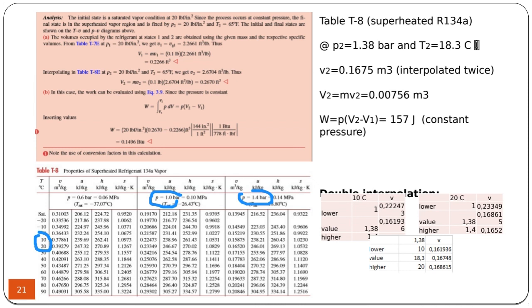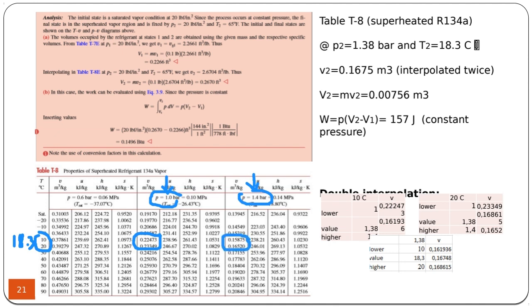So first, you take the pressure to be 1 bar and calculate the specific volume by doing interpolation for 18.3 Celsius. Then you repeat this procedure for 1.4 bar and you calculate the specific volume for 18.3 again.